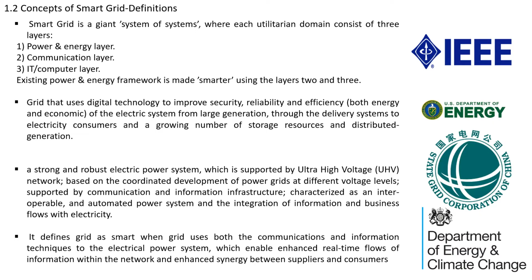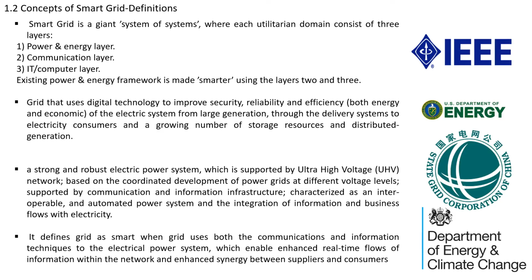The State Grid Corporation of China defines smart grid as a strong and robust electric power system which is supported by an ultra high voltage network based on the coordinated development of power grids at different voltage levels, supported by communication and information infrastructure, characterized as an interoperable and automated power system, and the integration of information and business flows with electricity.